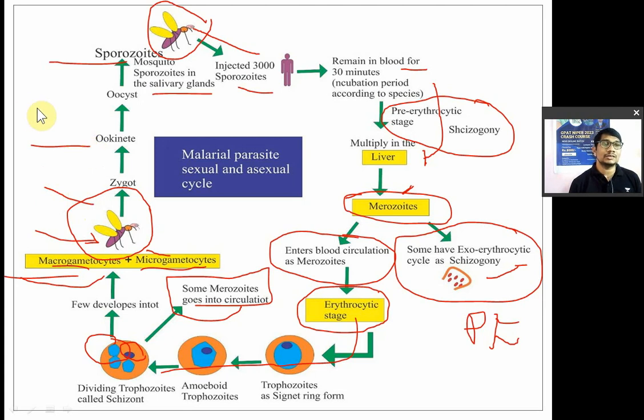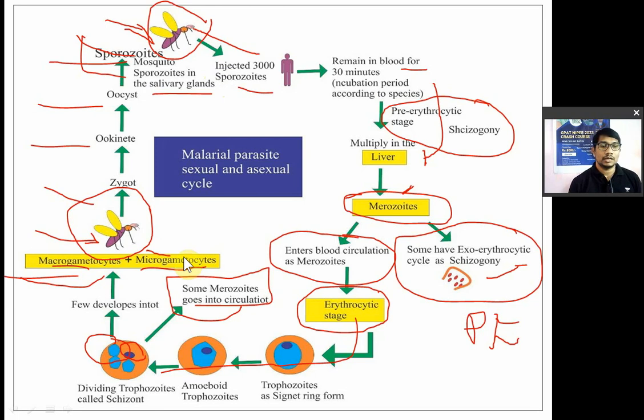After that there is oocyst formation, and finally you will get sporozoites. These sporozoites are present in the saliva of the mosquito. When next time this infected mosquito bites another normal person, it will again release thousands of sporozoites in the circulation.